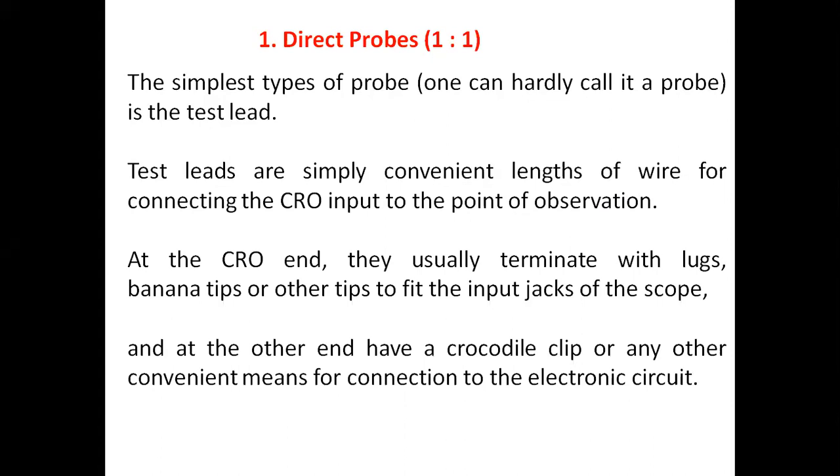One end of the probe is connected to the CRO, and the other end is connected to the point of observation. One end is terminated with lugs, banana tips, and other tips to fit the input jacks of the scope. The other end of the test lead has a crocodile clip or any other convenient means for connection to the electronic circuit.